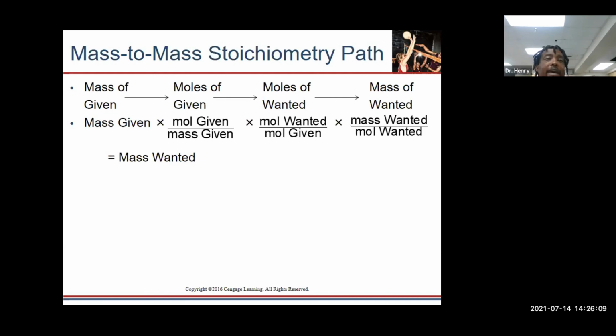And then if I want the mass of what I want, I can convert back to mass. This is just showing you that process: mass to moles, use the mole to mole ratio, and then go back to mass, okay?